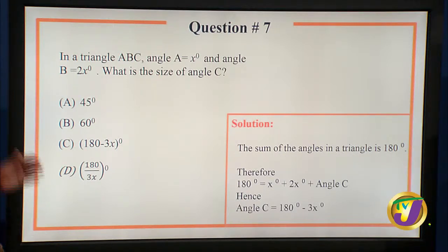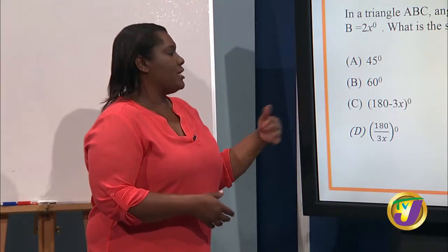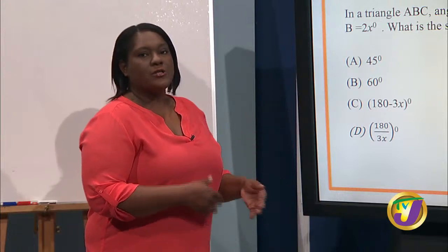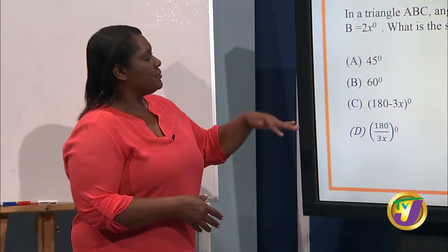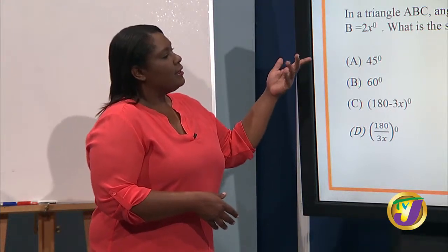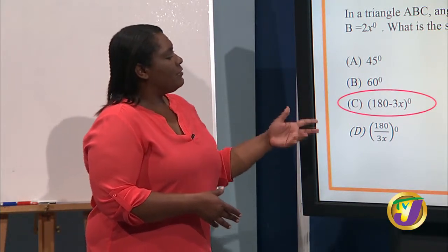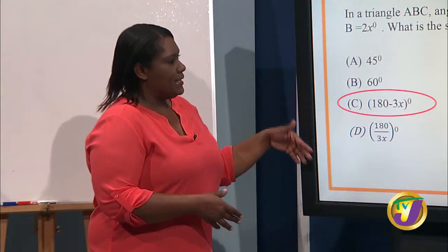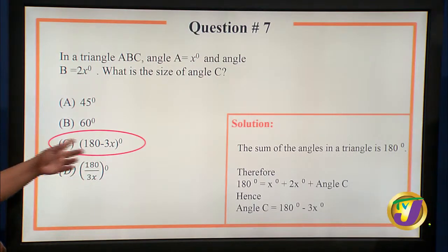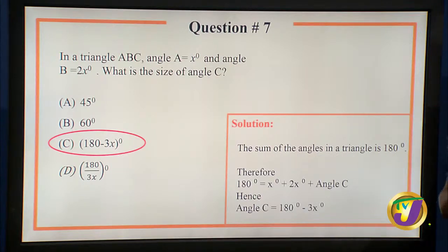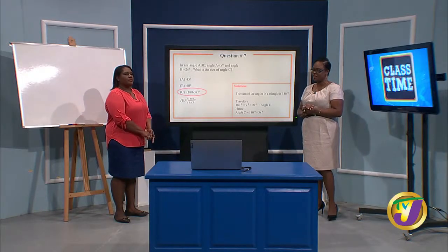We are not given enough information to select a 45 degree or a 60 degree. So we eliminate 45 and 60, and we will be left with these two options, C and D, and based on working out, we will see that C would have been the correct answer. Okay, let's stick a pin right here.